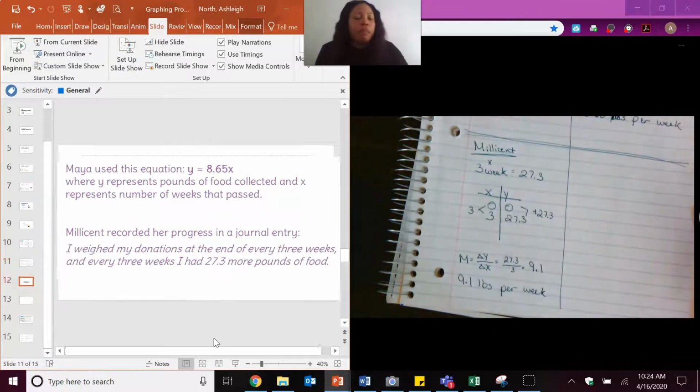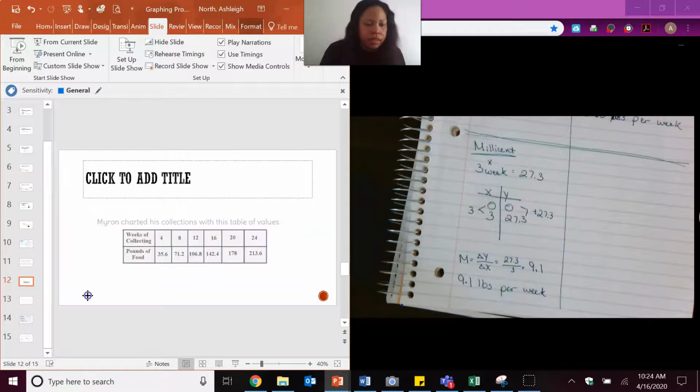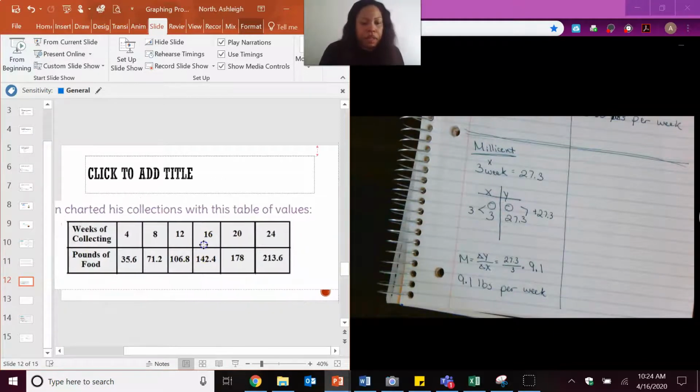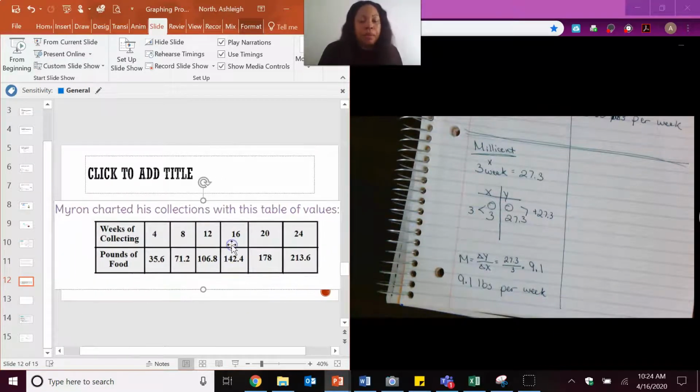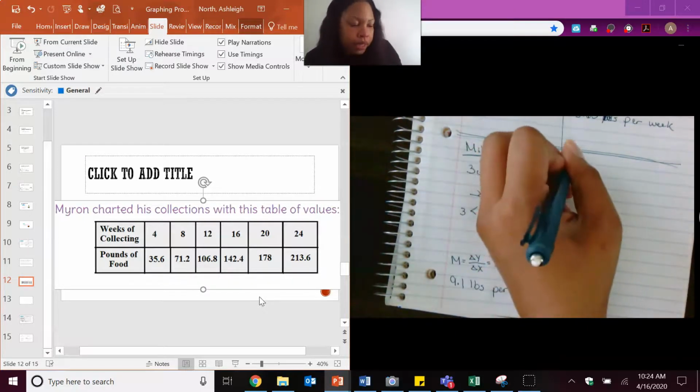And we have one more person. I'm sorry, I don't know why you used to be so small, but okay. So now we have Myron. Myron charted his collections. And so basically he says for 4 weeks I collected 35.6. For 8 weeks I collected 71.2 and so on and so forth. So basically on our last square we're going to put Myron's.